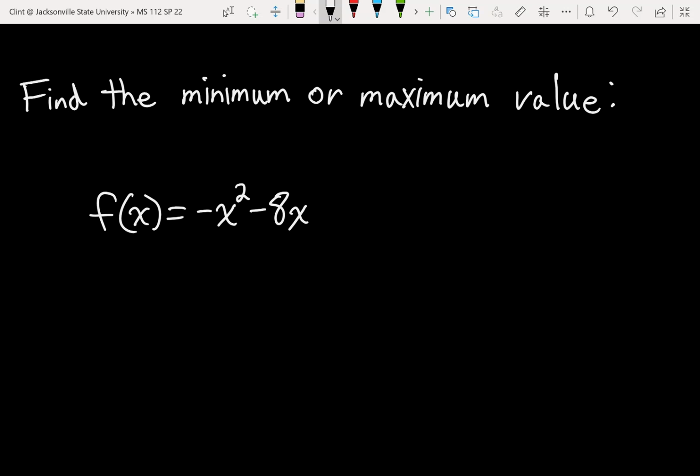This will be our last one. So anytime we have a minimum or a maximum value, where's that going to happen? At the vertex. So any problem where you see minimum or maximum value, that means we need to find the vertex.